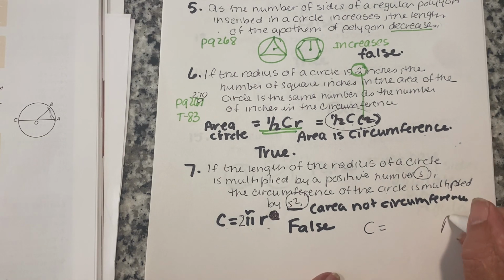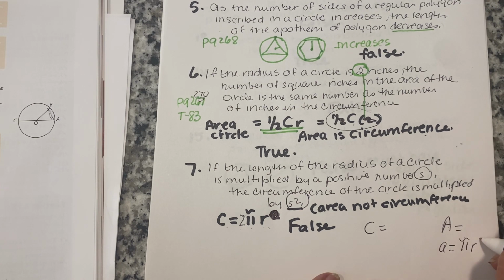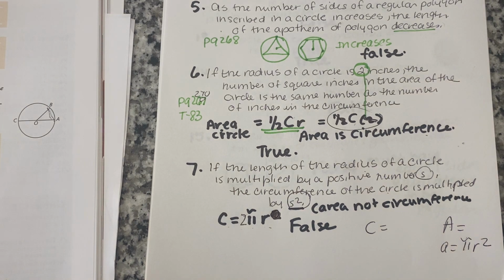Area is going to be what? Area equals pi r squared for area. So there's no square there, because they're asking about the circumference. That's not going to be the circumference. It's not the same equation.